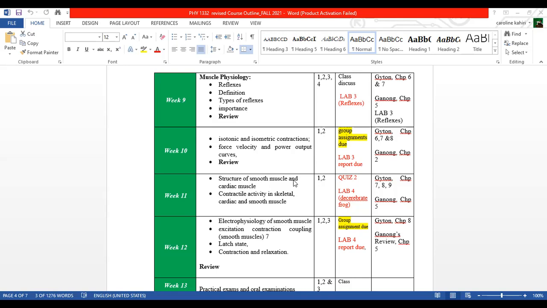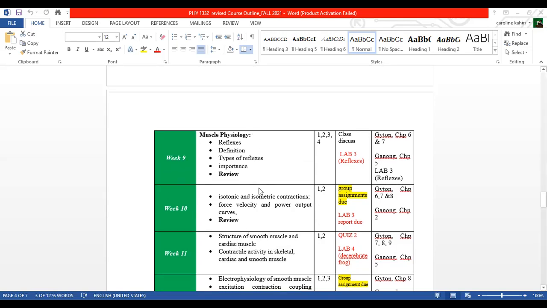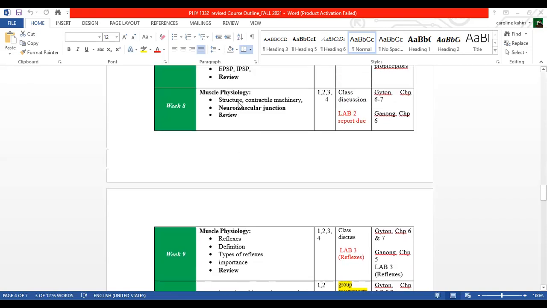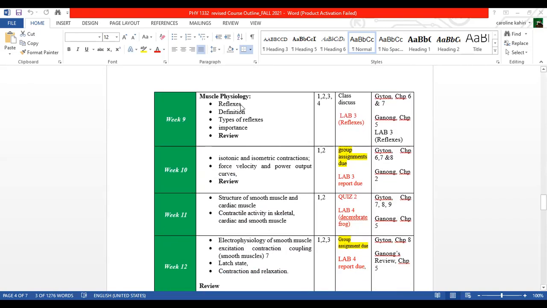I remember I did it as a pre-lab session, so it is not in this course outline, but it is part of the pre-lab because we needed to understand the electrophysiology of these tissues so that you can understand what was happening in the lab.